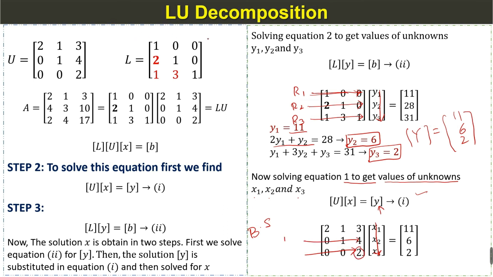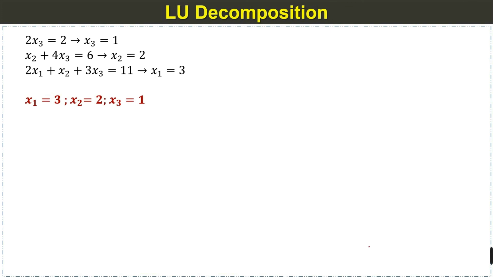Then we multiply row 2 with the matrix x to find x2. Then we multiply the first row with the matrix x to find x1. After multiplication, the value of x3 is equal to 1, and after simplification we get x2 is 2, and similarly x1 is equal to 3.